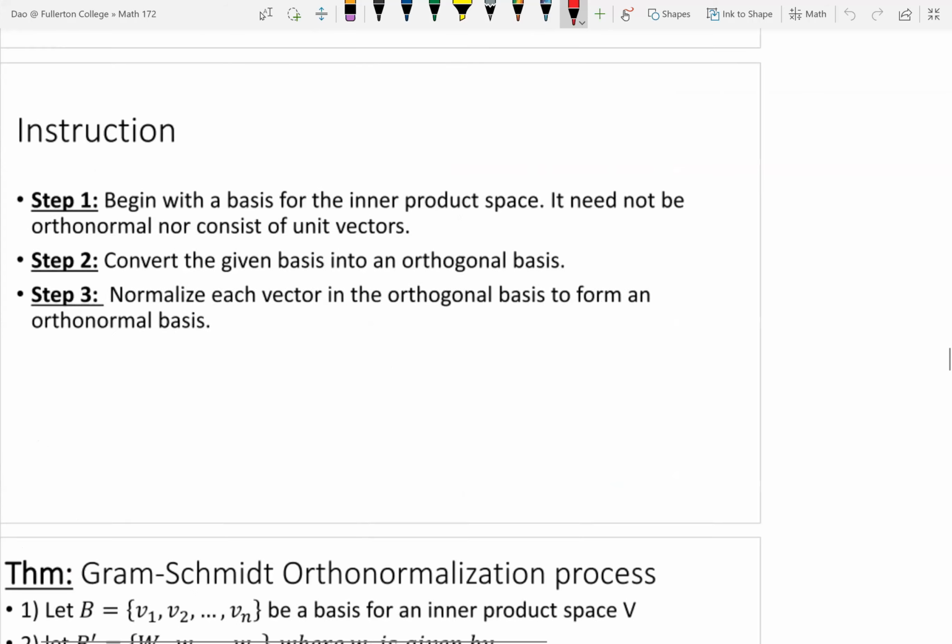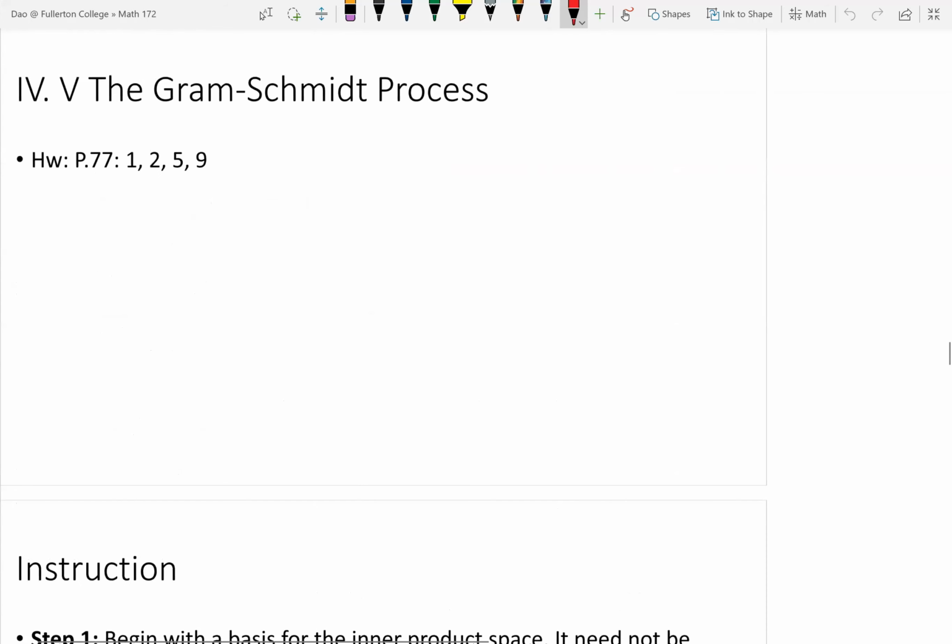In this section, for this topic, we look at the Gram-Schmidt process. This process generates an orthogonal matrix, an orthonormal basis.